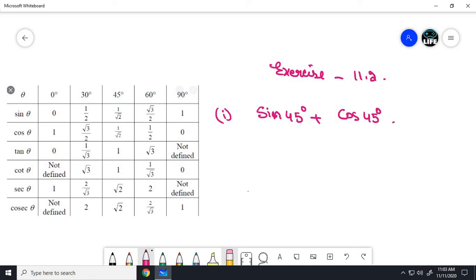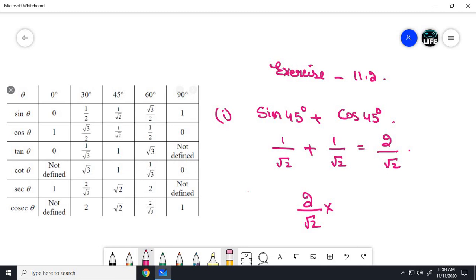So the table is beside us. So check what is sine 45. Sine 45 is 1 by root 2 plus cos 45 also 1 by root 2, that is equal to 2 by root 2. You can either leave it like this, or what you need to do is rationalize the denominator.